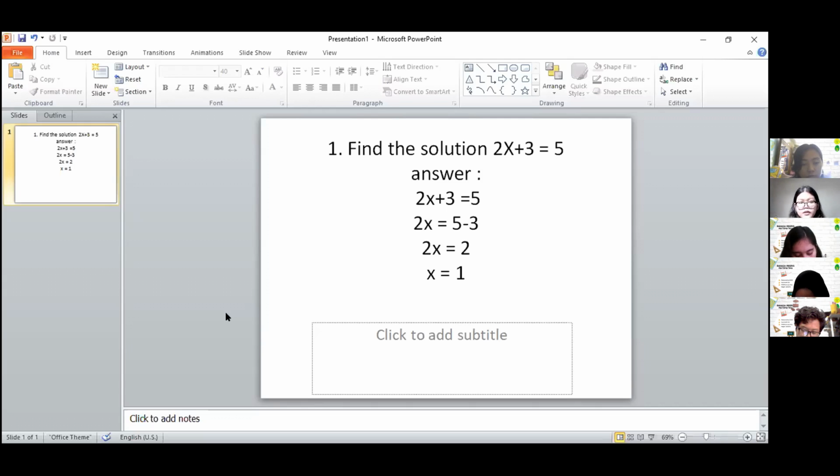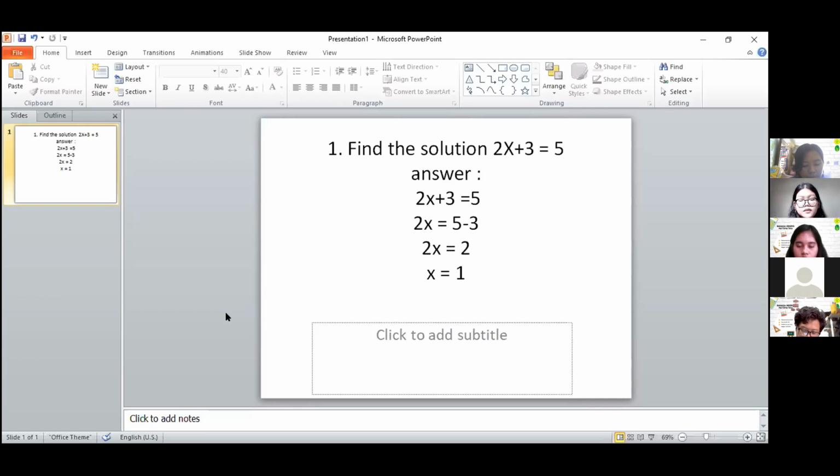I want to try to answer the question, sir. So we have to find x as the solution of this equation. We have 2 times x plus 3 is equal to 5.